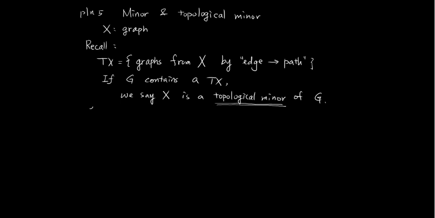So we have seen the example before. Suppose X, let's say this is X. X is K33, and for some reason I'm using the square on one side and the triangle on the other side. So this is one of the structures that we are looking for.